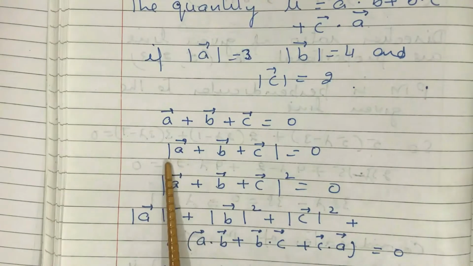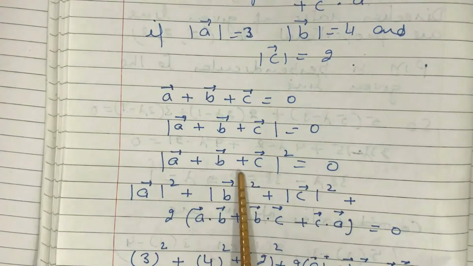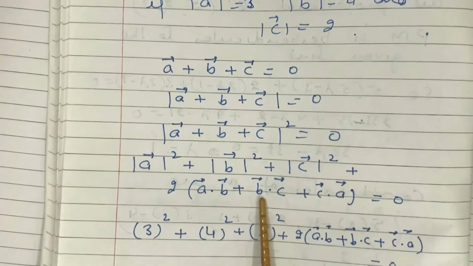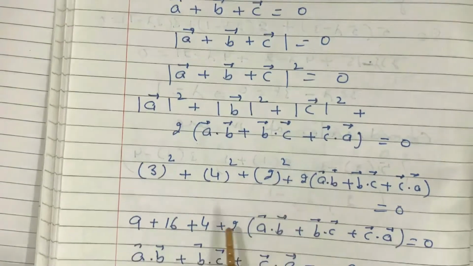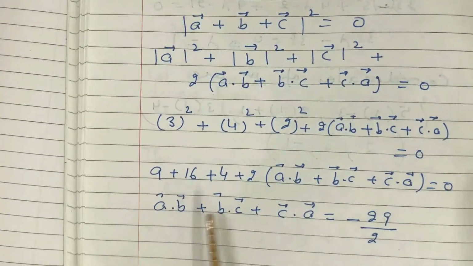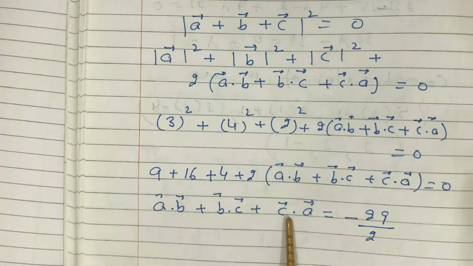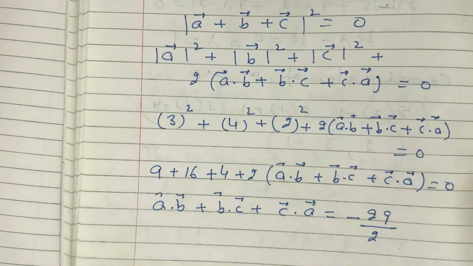So then its magnitude is equal to 0. Then if we take square on both sides, then this is equal to 0. Then write the formula. After writing the formula, substitute the values. After substituting the values, you will get vector A dot vector B plus vector B dot vector C plus vector C dot vector A is equal to minus 29 by 2. So that is the answer.